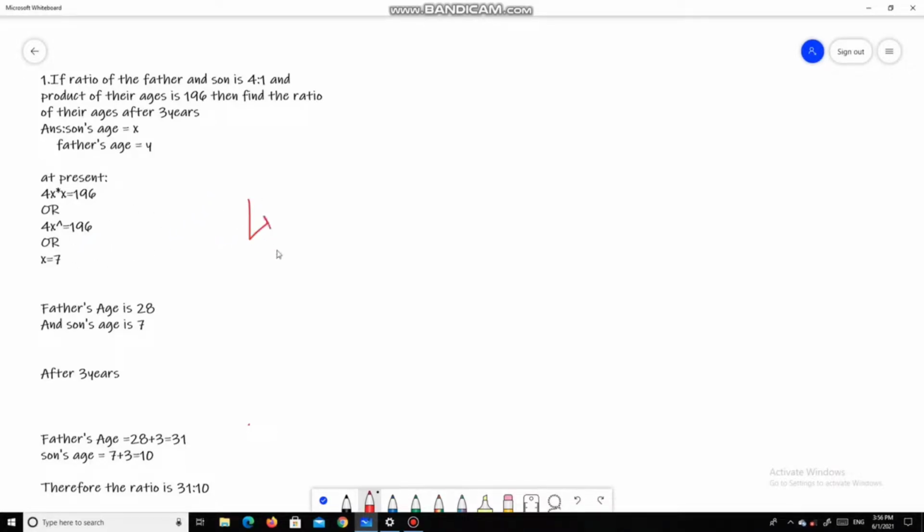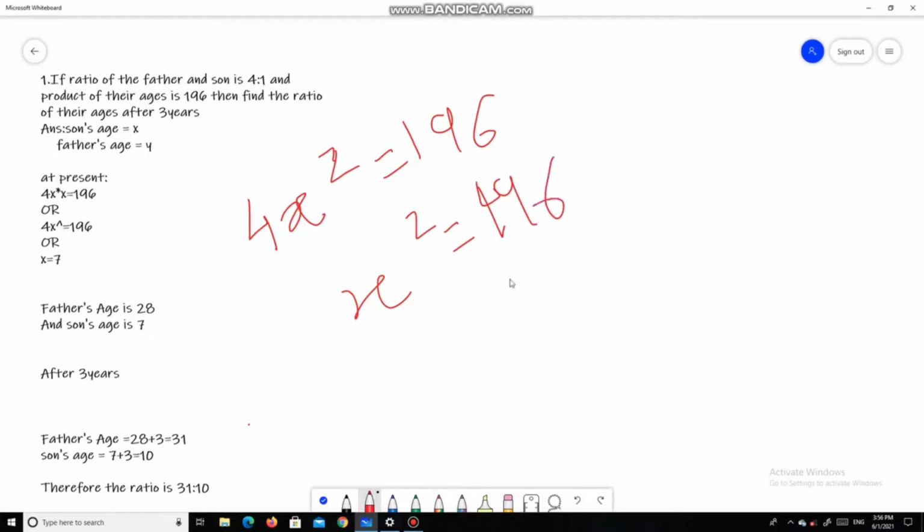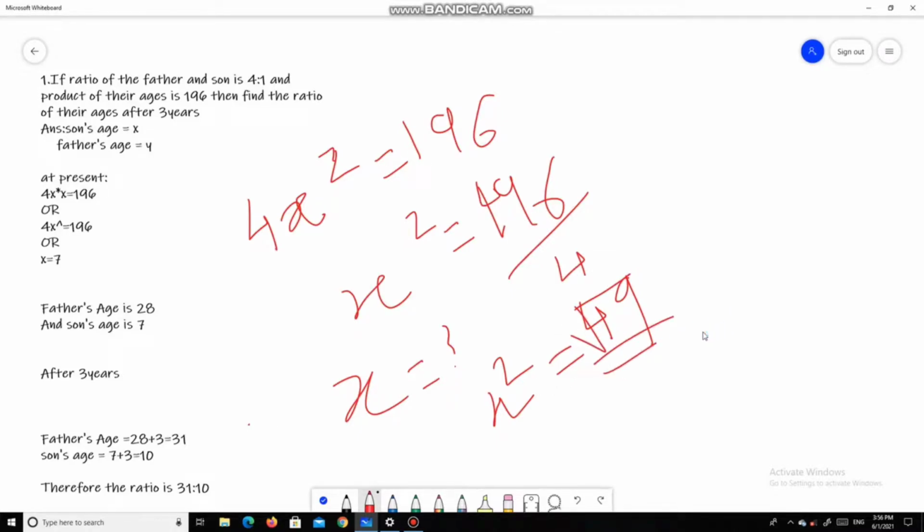As we know, here it was 4x square is equal to 196, and if we take this 4 down, here 196 divided by 4 is equal to 49. So x square is equal to 49. When we are finding only x, we should take the square root of this 49.